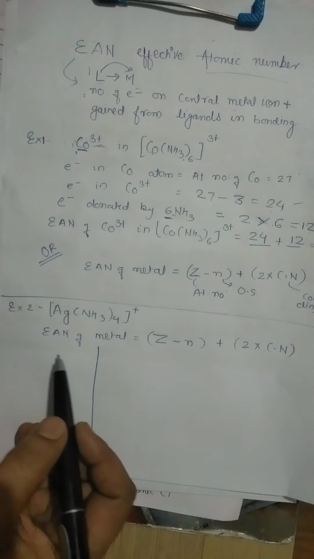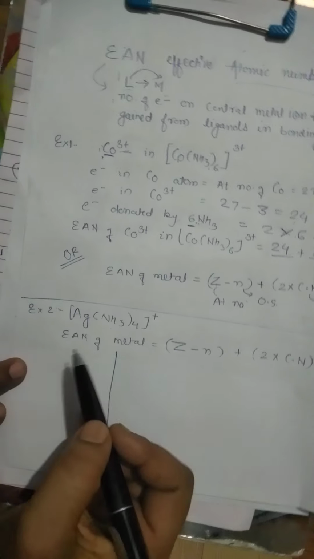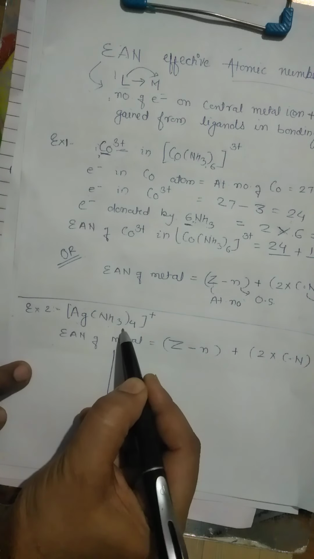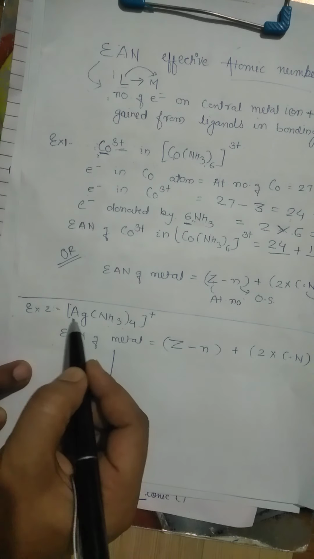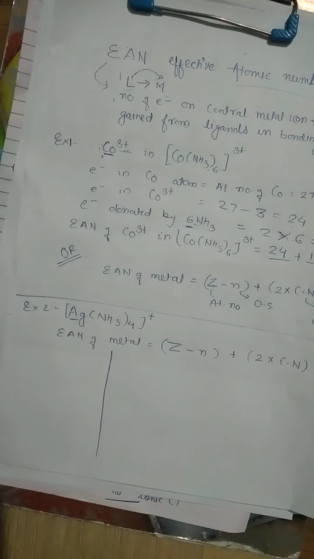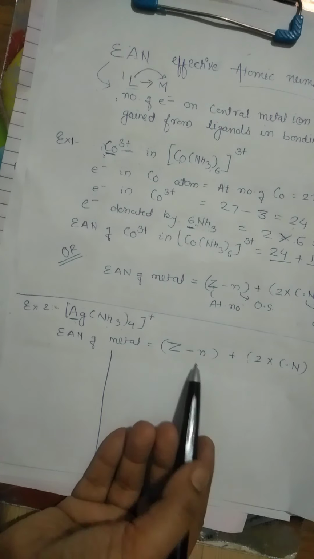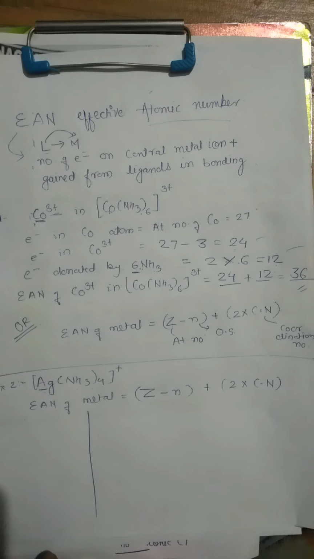Like the silver amine complex. Okay, silver complex is there. Now silver is attached to 4 ammonia molecules in the coordination sphere. The central metal ion is silver. So now we can use the direct formula, that is Z minus N plus 2 into coordination number. How to go for it?